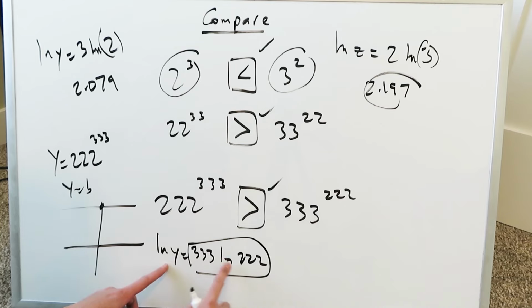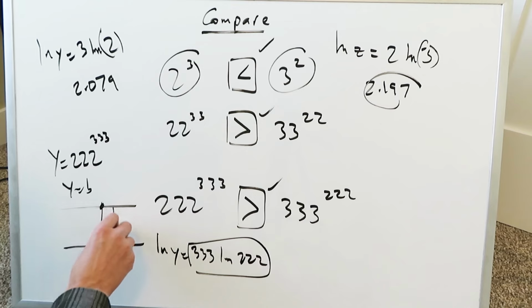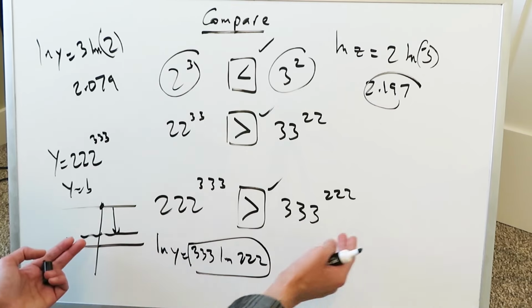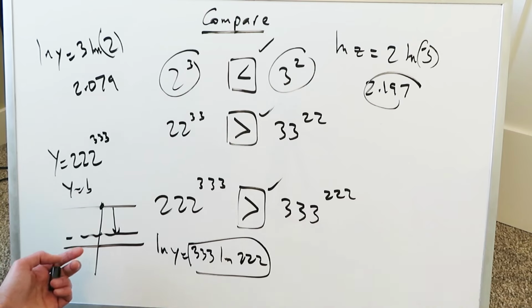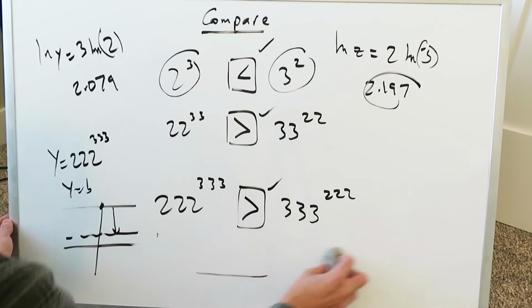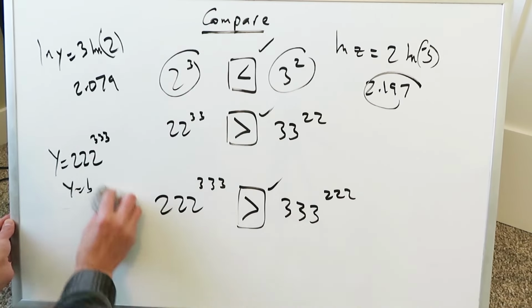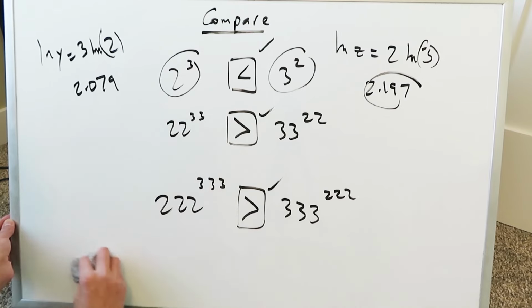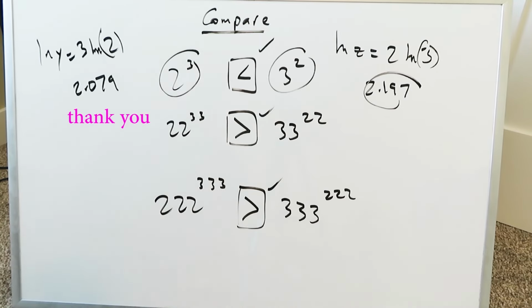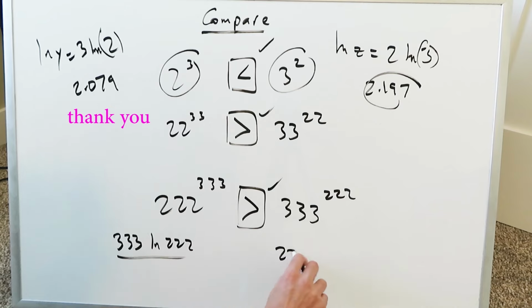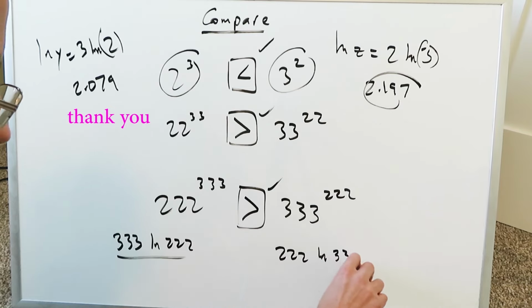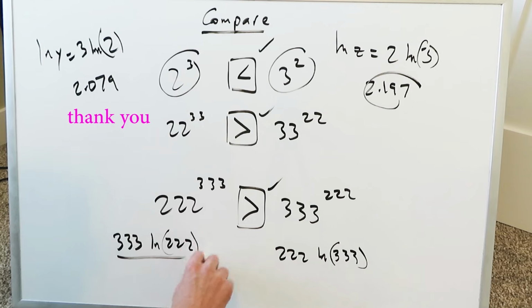Now you're looking at y is equal to this. Everything has been brought down to a much lower line, and this lower line can be compared to another lower line, and you can do it. For these types of questions, if you ever get challenged, bring in the natural logs and compare the natural log values of both sides. Always do that, and you know it will be right. This, as I will repeat again, would be 333 natural log 222. Compare this with 222 natural log 333, which your calculator can easily compute.